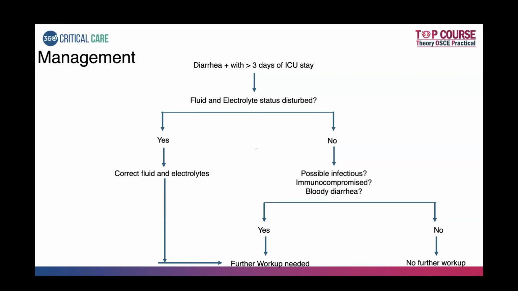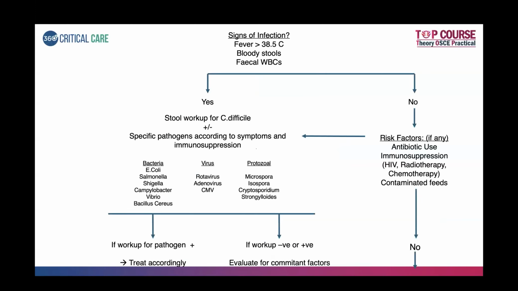So if it is present, then you need to work up further. If neither of them are present, then you don't need to work up further. So then once you see if there is infectious or immunocompromised or there is presence of dehydration with electrolyte imbalances, you assess for signs of infection.